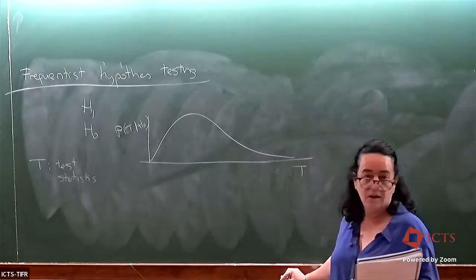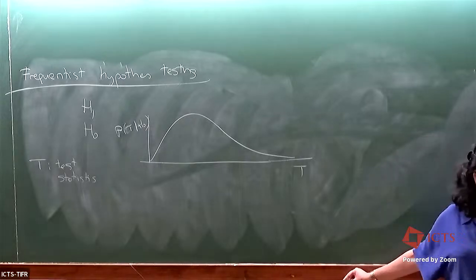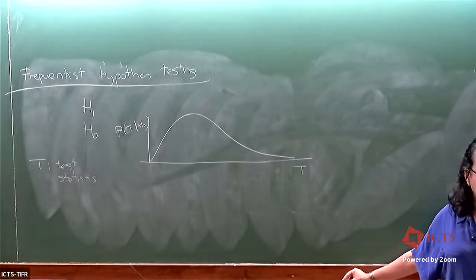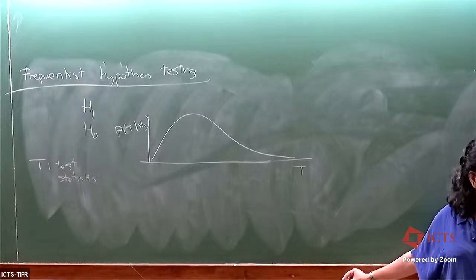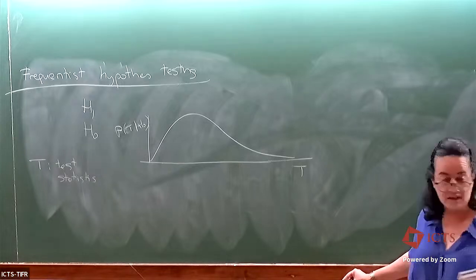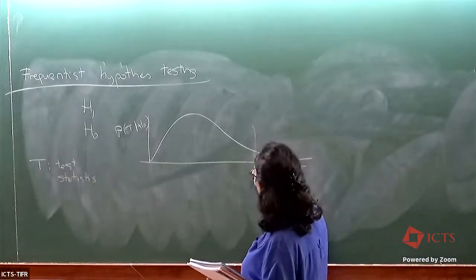And from here, what I have to do is to put somehow a threshold on the values of the outcome. For example, I can fix a certain threshold.